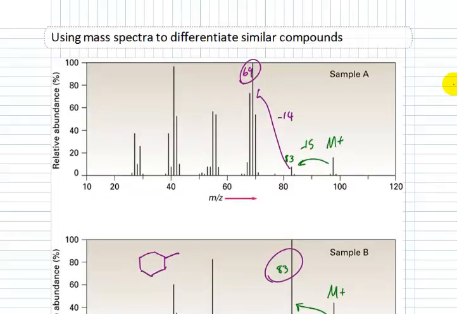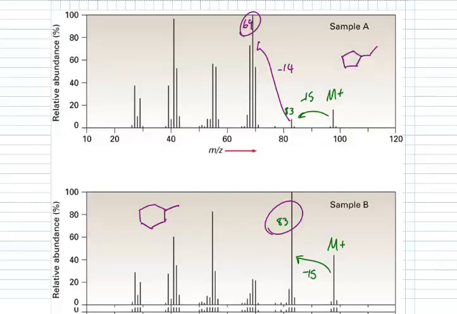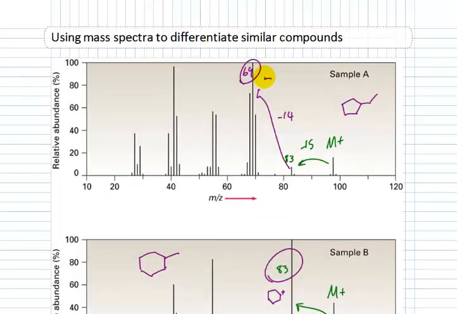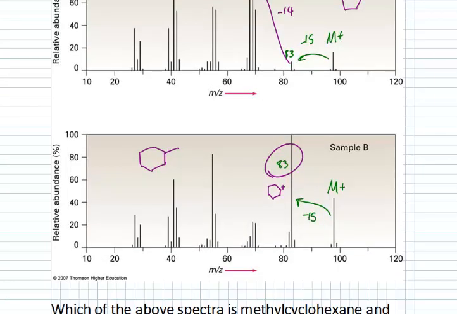The sample A was the ethyl cyclopentane, specifically because of the size of these peaks. 83 being cyclohexyl cation, 69 being cyclopentyl cation. I can't really do a whole lot beyond that because that would involve breaking open the ring, and that's a little more difficult to do.